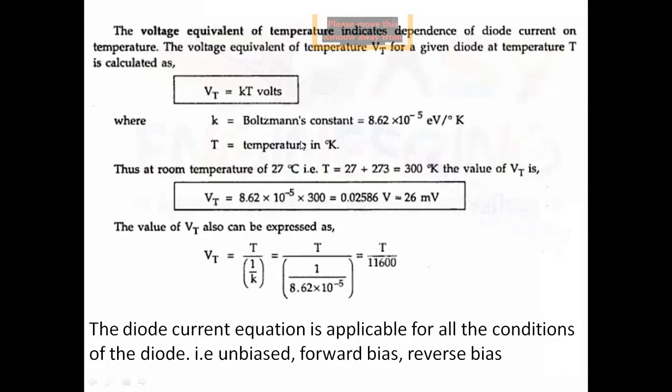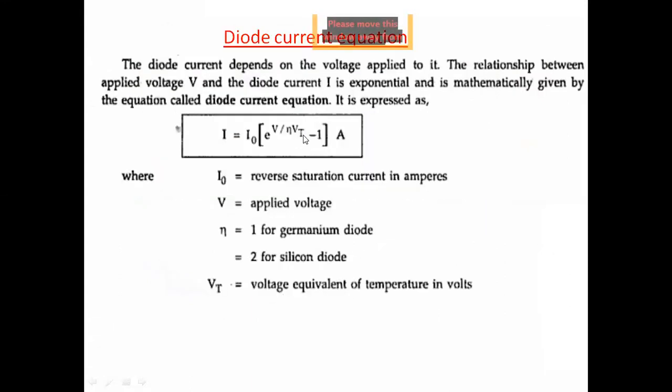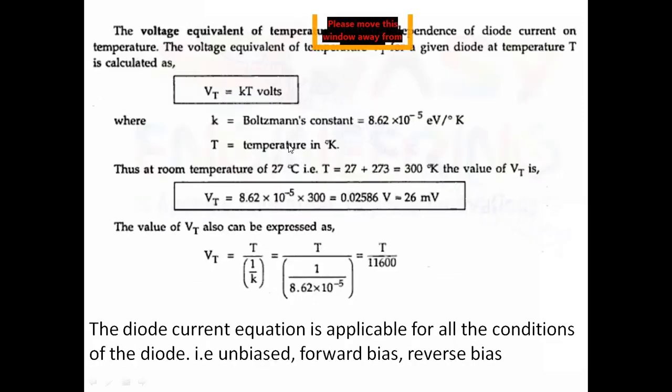In the previous equation we have Vt, the voltage equivalent of temperature, calculated as K into T, where K is the Boltzmann's constant, with value 8.6 × 10⁻⁵ electron volts per degree Kelvin, and T is the temperature in Kelvin. Suppose the room temperature is 27 degrees Celsius, as in most cases.